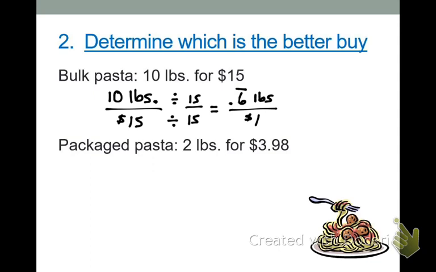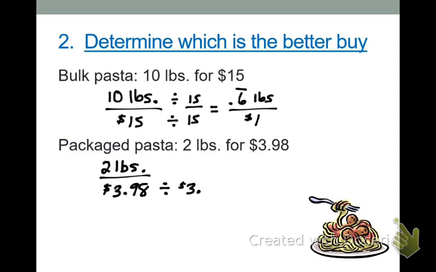Let's go ahead and go down to the packaged pasta. We know that we got 2 pounds for $3.98. Emma, how do I figure out what my unit rate is? Remember, you want to turn that denominator into a 1 to find the unit rate. So how do I turn that into a 1? Good job.